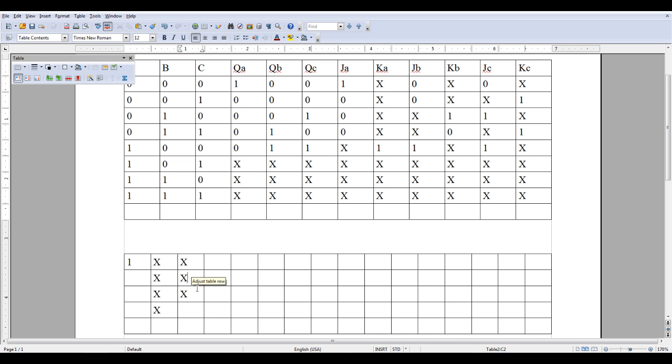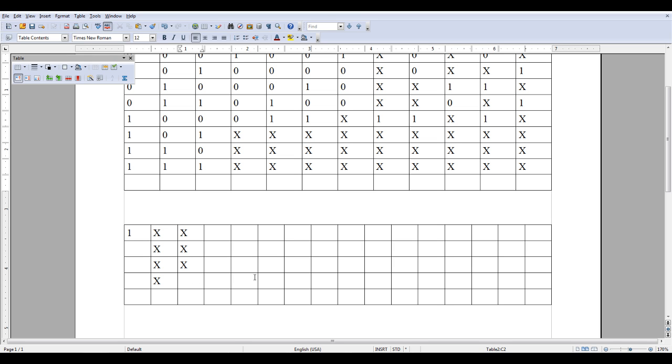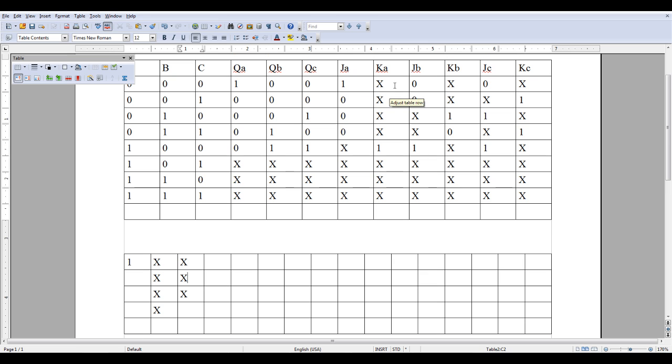X, X. So each one of these is different from the other, just so you're not confused. X, X, X, X, and then 1, X, X, X. And we have 0, 0. I mean, it would be just 0, 0, but I just don't write them down just so I'm not confused later on. 0, X, X, 1, X, X, X.